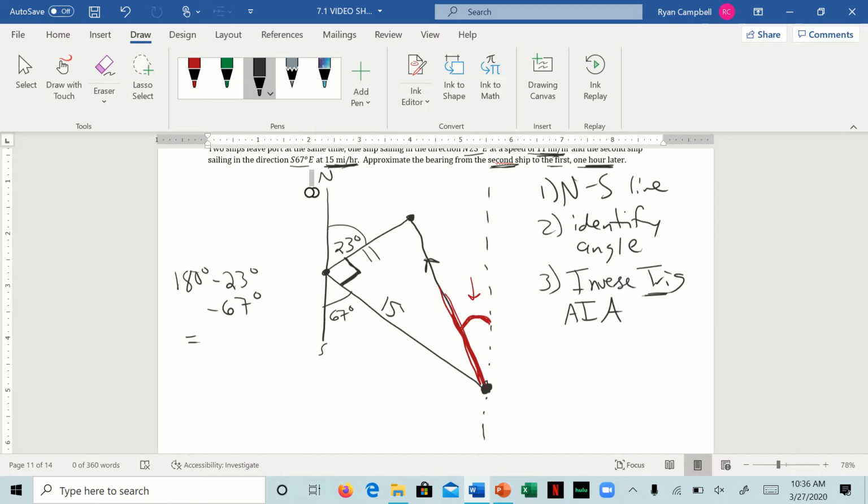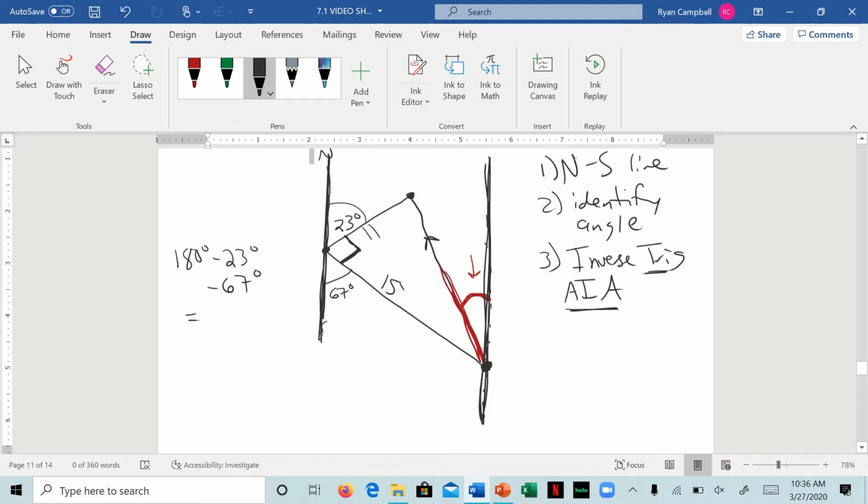All right. So first, let's look at this alternating interior, right? So if you notice, where's our parallel lines? Parallel lines are always going to be the north-south lines. So the problem right now is that there are a couple of transversals.